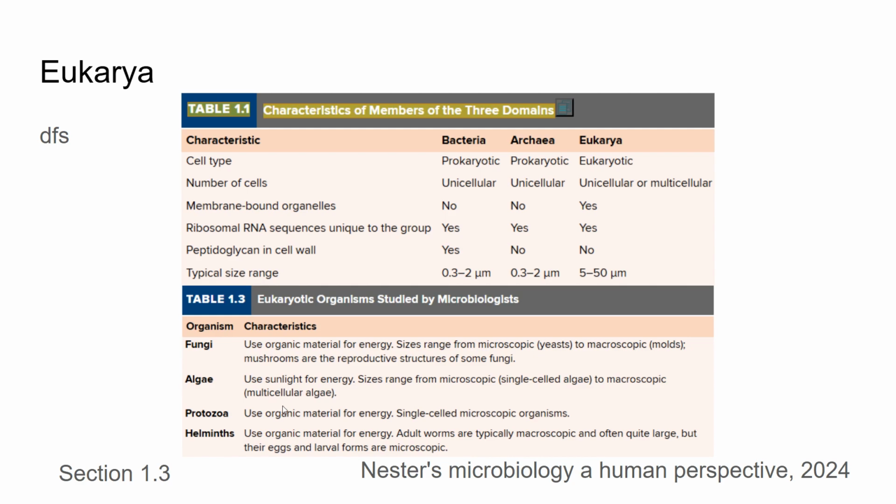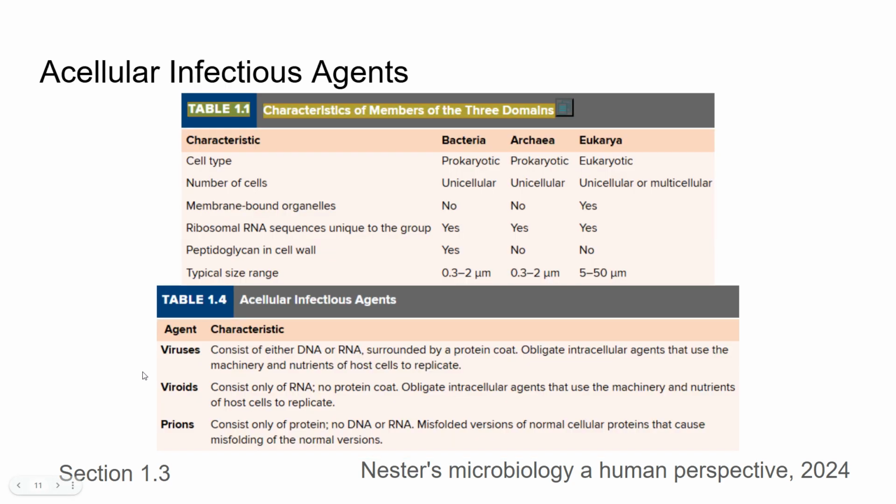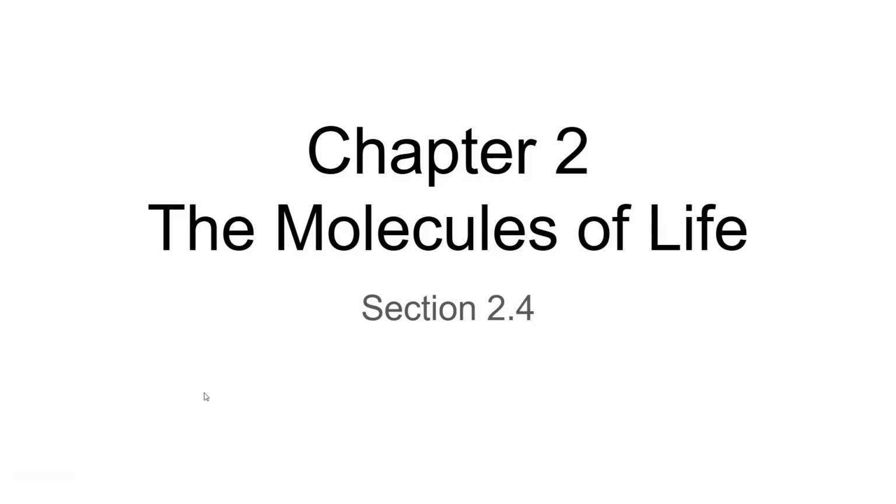So once they get into your body, then they grow and invade the rest of your body. And then like we talked about, we have our acellular agents. That's going to be things like viruses, viroids, and prions. So we've already talked about this. So that covers all of chapter 1. So now we're going to move on to chapter 2, the molecules of life.